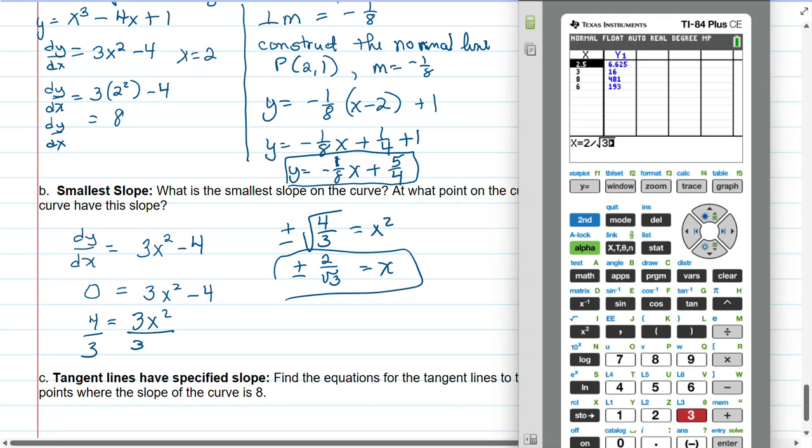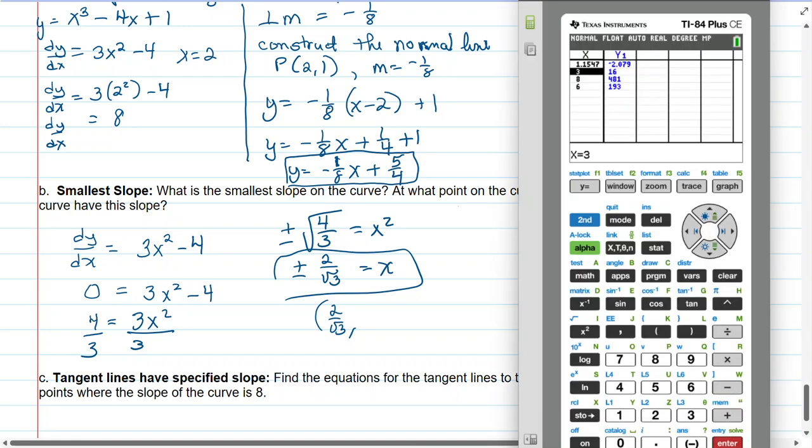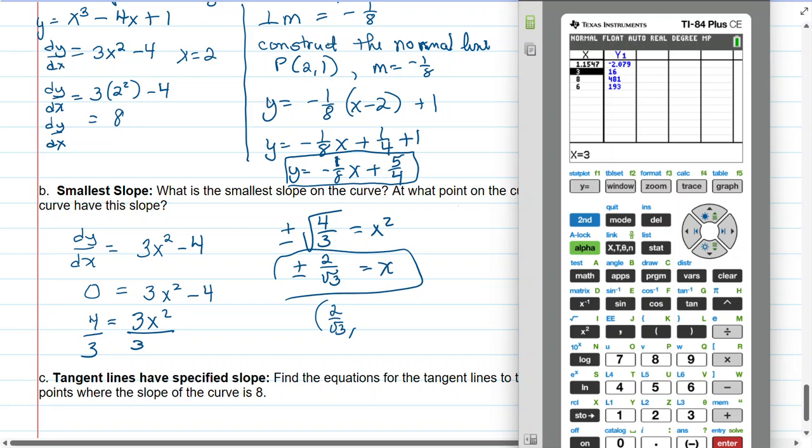Yuck. -2.079. And you'll notice it's irrational, because we have a square root of 3.